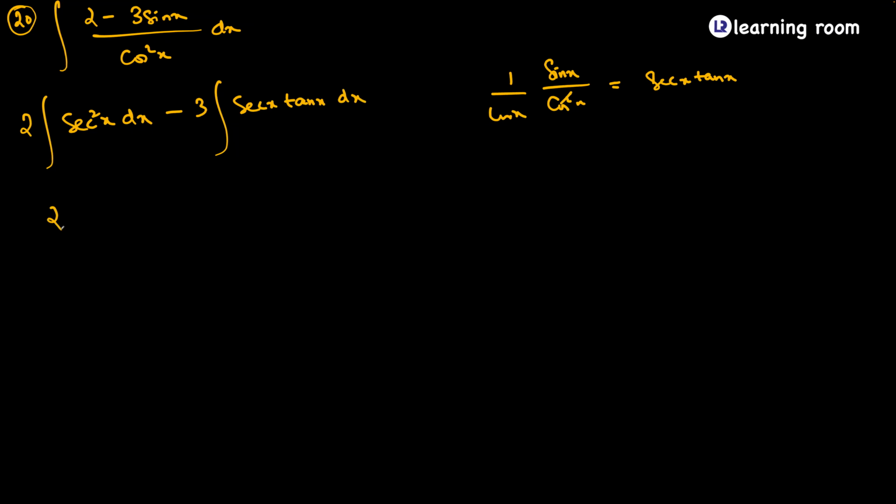So 2 times the integral of secant square x is tan x, minus 3 times secant x, plus c. This will be the answer. Is that point clear? The whole exercise is based only on the formulas that we had. There are 2 more problems that we'll finish tomorrow and then go to integration by substitution.